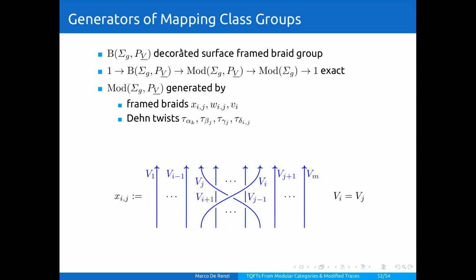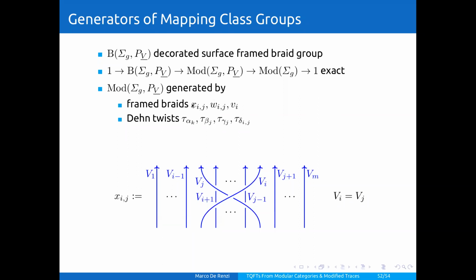So these are braids inside the surface which carry a framing and carry labeling by objects of C. And these braids should preserve, as before, these labels. So they can permute points only if these points have the same label. Now Lyubashenko uses the fact that the mapping class group of the punctured surface is generated by this family of generators.